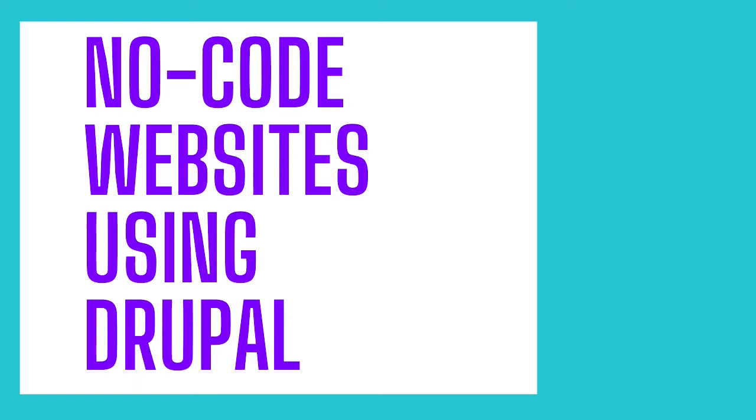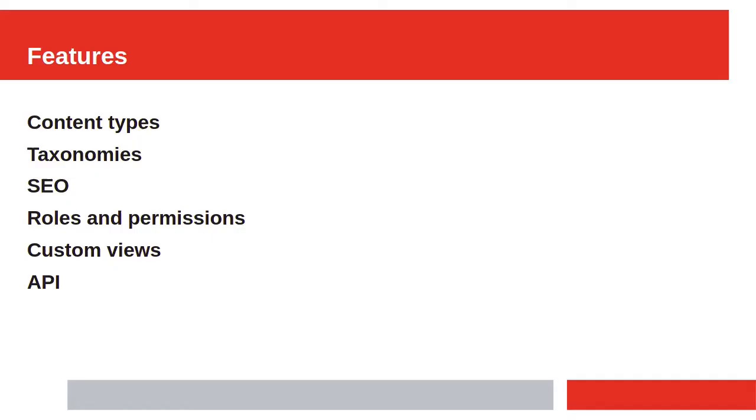That's it. So for this video, let's take a quick look at how powerful Drupal is and what the features are. So Drupal runs on the Symfony framework. It is based on the scripting language PHP, and it uses the Symfony framework in the backend.